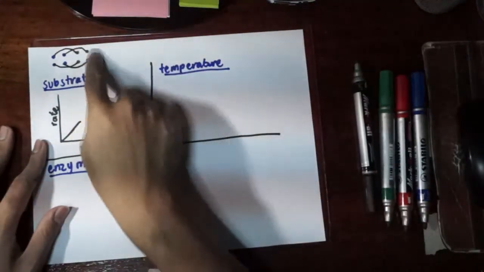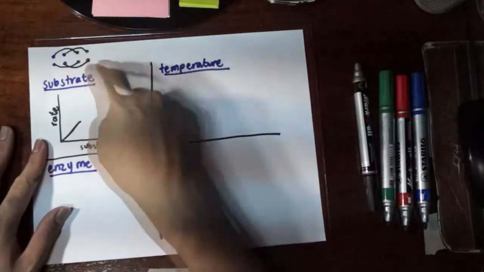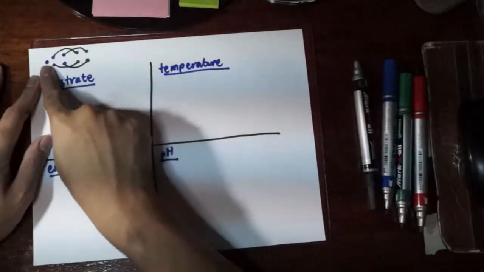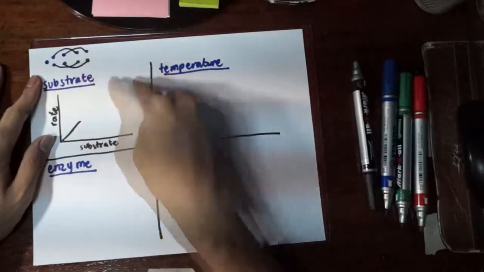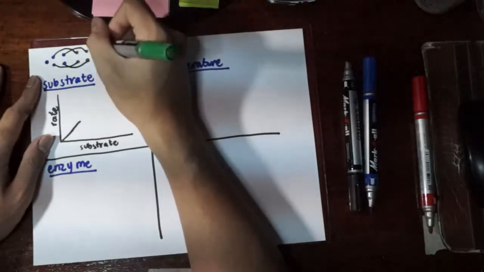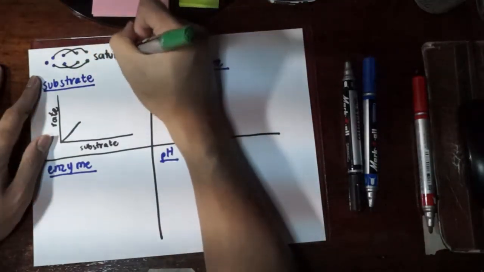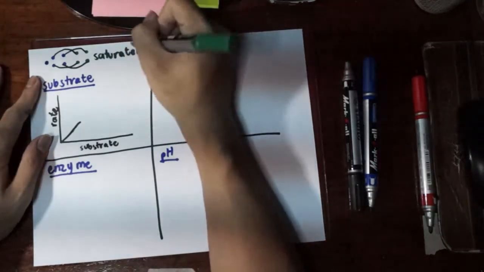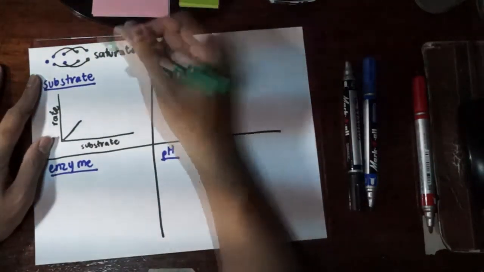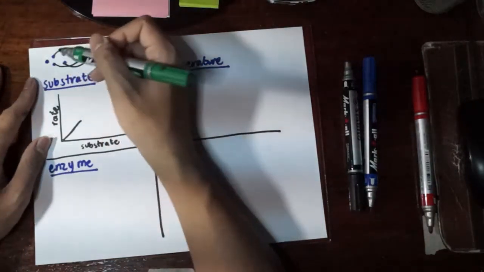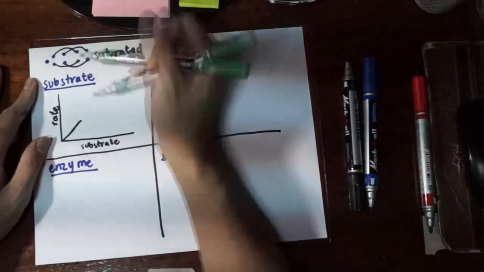But for example, you have this number of enzymes, I only stop with 4, and then I have another substrate here. But this substrate cannot react with a particular enzyme because all enzymes are occupied at the moment. This situation is called saturation, because as you can see, all enzymes are saturated or occupied, and this additional substrate wouldn't be able to be acted upon by an enzyme.